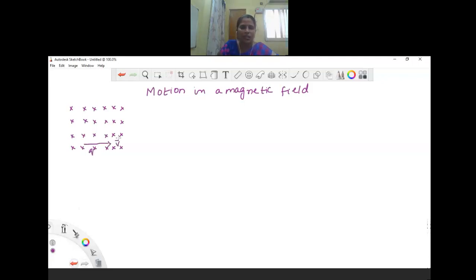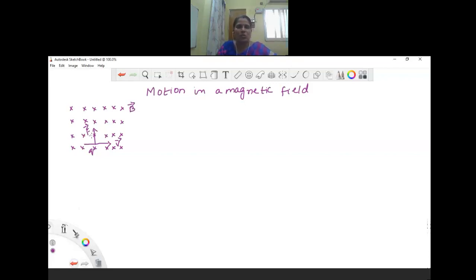This is the direction of velocity, and we know that the force will be acting in the direction perpendicular to both V and B, that is V and the magnetic field.